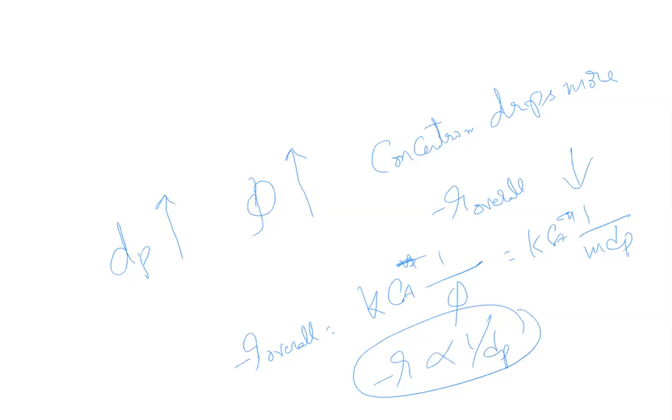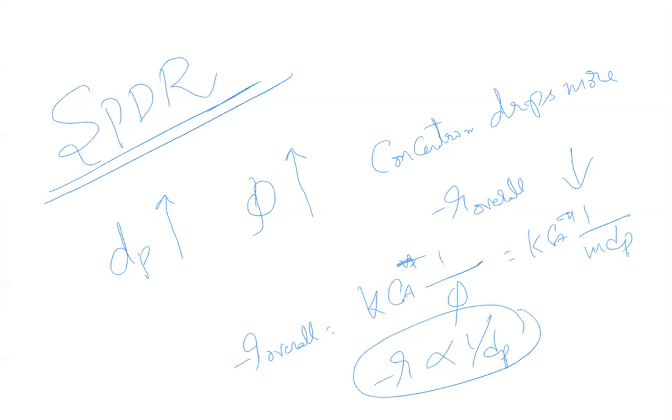So all these stories are under the strong pore diffusion resistance region. If you are under the weak pore diffusion region, your story changes. So if I have a catalyst under the weak pore diffusion region, that means Thiele modulus is 0.1. If I increase the diameter, you are moving from weak pore diffusion to strong pore diffusion.